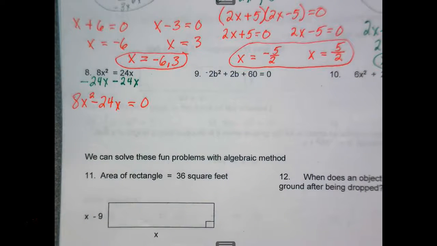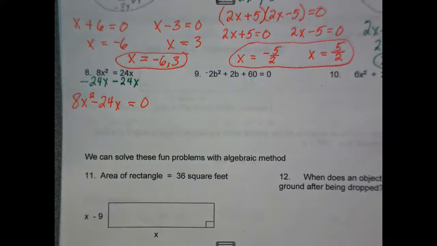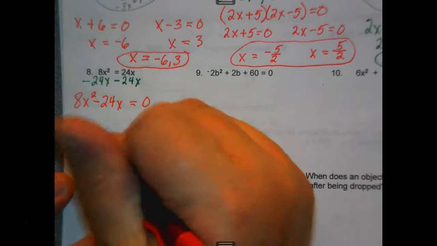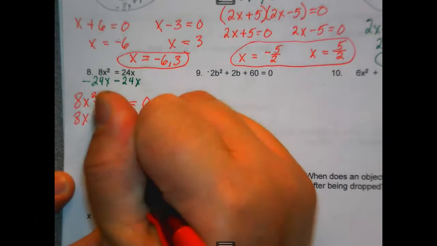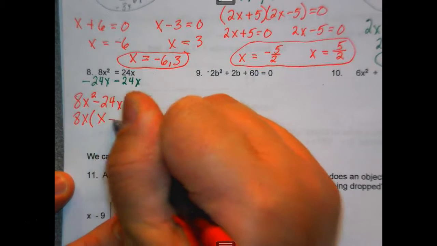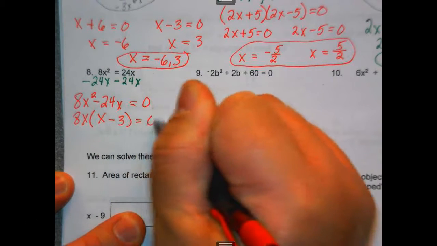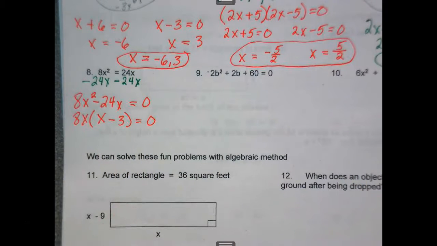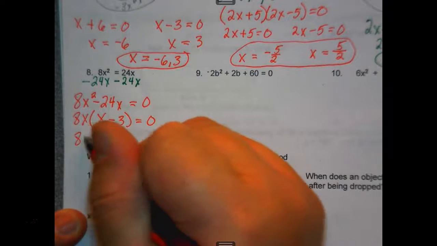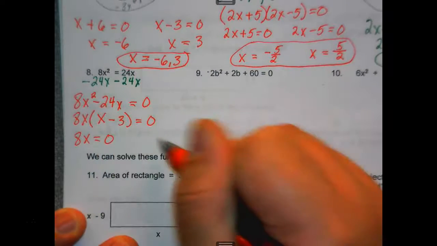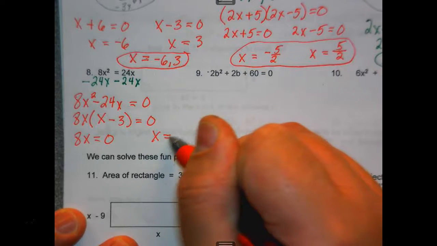Okay, let's follow our flow chart. Can I take any common factors out? 8x. I'm left with x minus 3 equals 0. Am I done factoring? Yes, I am. There's no more squared term. So set each one of these equal to 0. What does x equal?